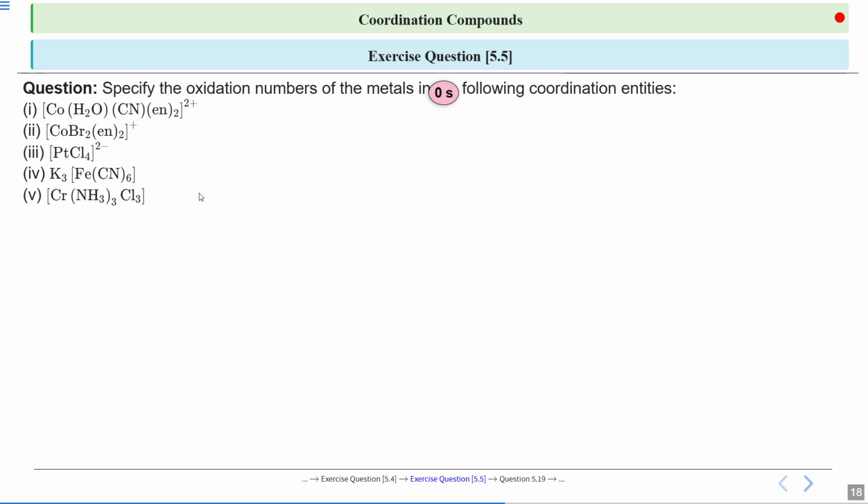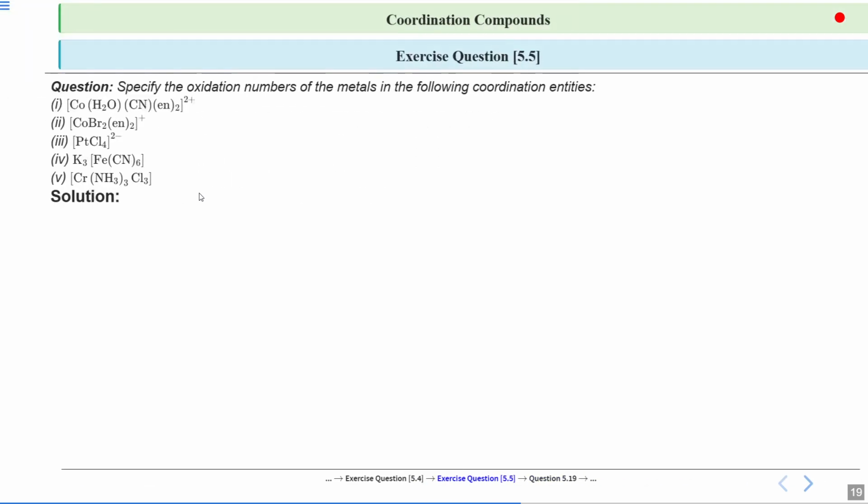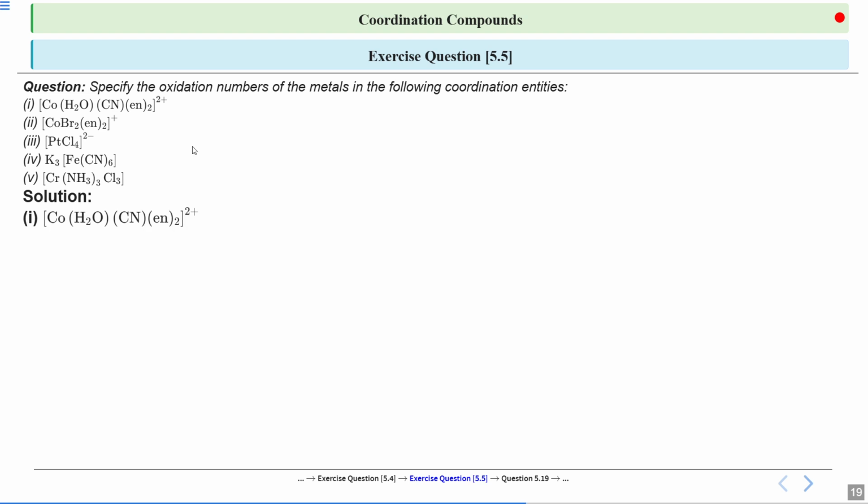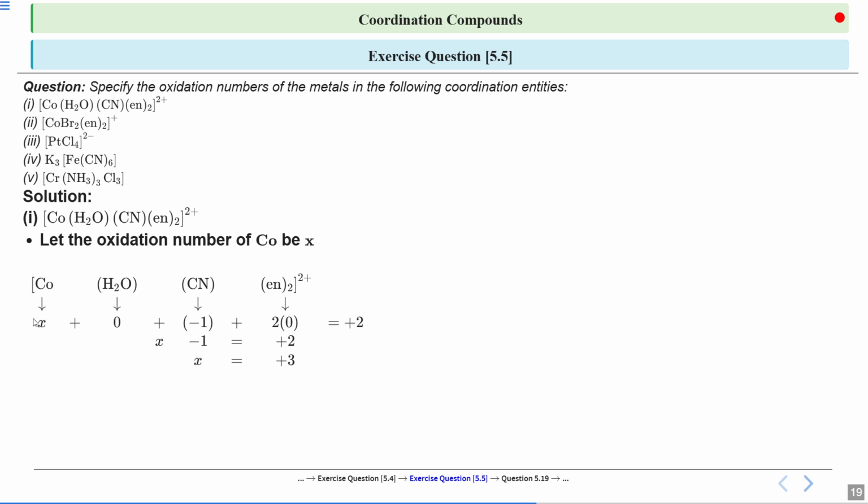Let's see. The first coordination entity, where you have to find the oxidation number of cobalt, let it be X. So cobalt is X, plus water is a neutral ligand, so 0, plus cyanide is an anionic ligand having negative charge, so -1, plus en, ethylenediamine, is a neutral ligand, so 2 times 0.